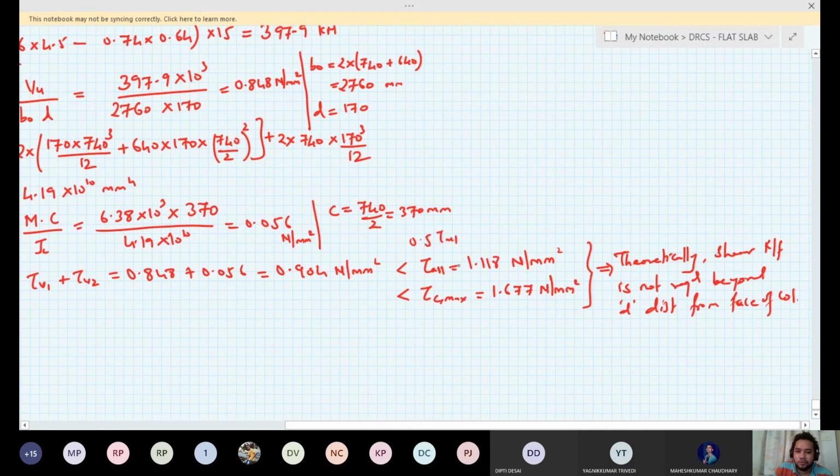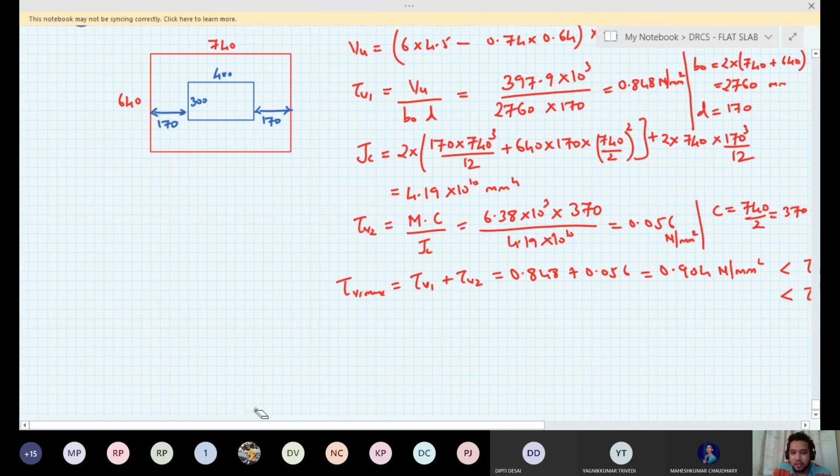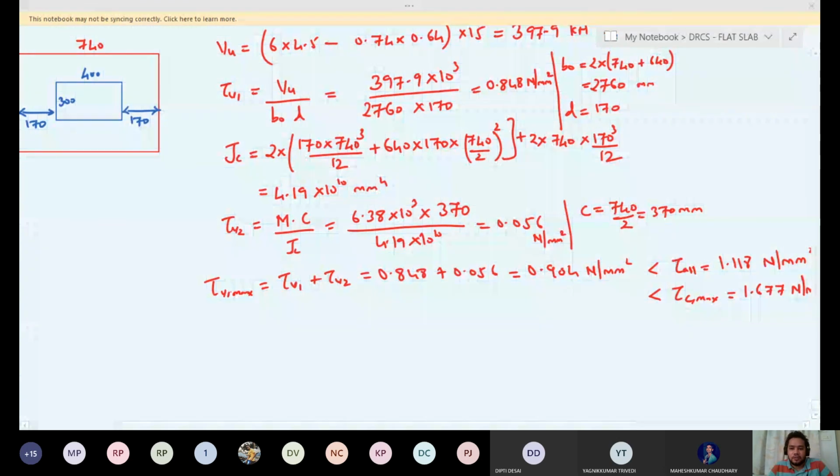So as per the code requirement we have to take another suitable section and find the shear stress. If the shear stress is less than 0.5 times allowable shear stress, then we can terminate the shear reinforcement over there.